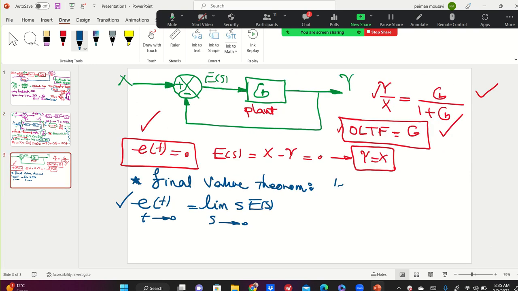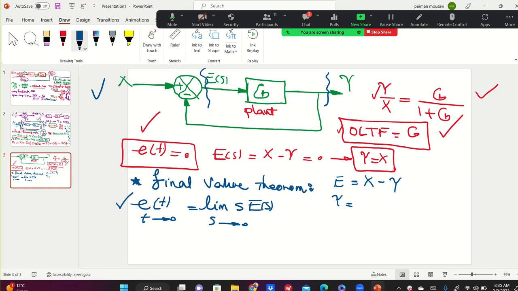So E of S in the block diagram, I'm dropping S. You see here, it is X minus Y. But Y here, in this simplified version, there is no controller and it is unity feedback, is how much based on E and G? It is GE, right? See what I'm saying?